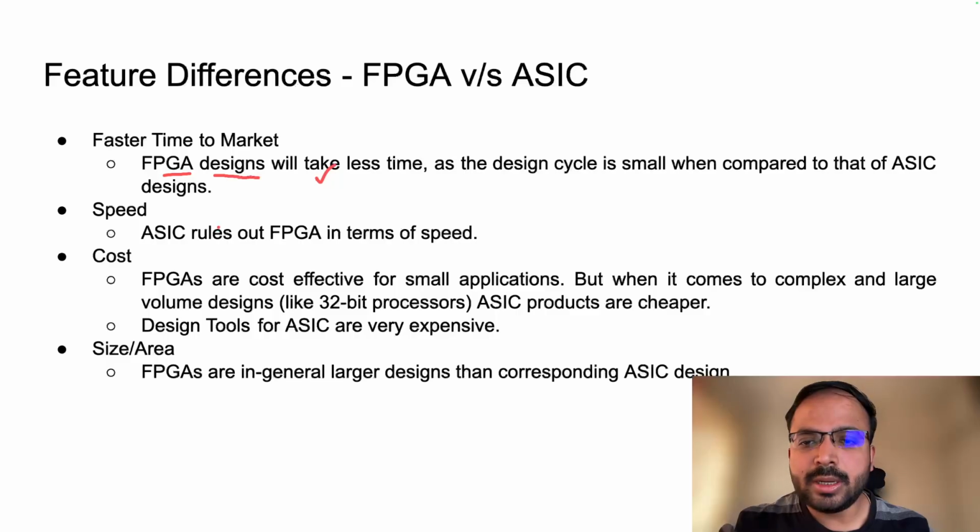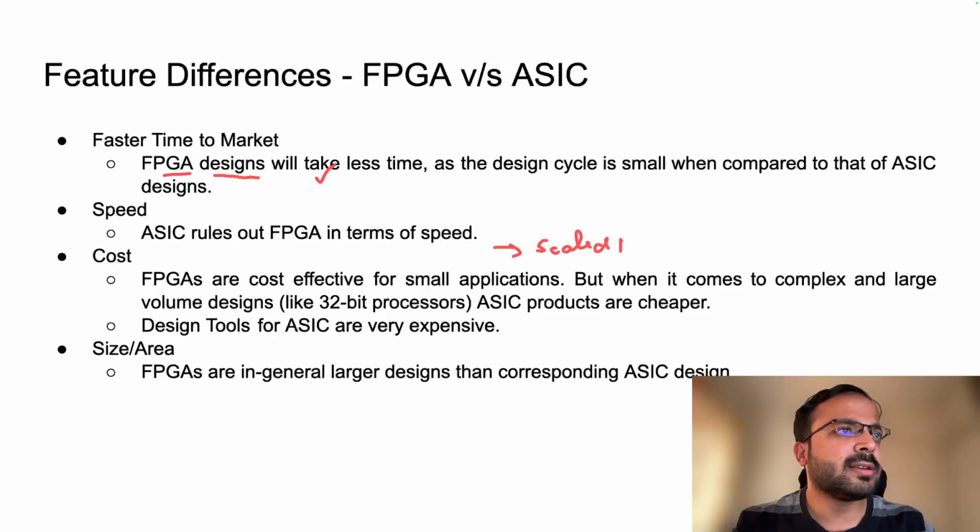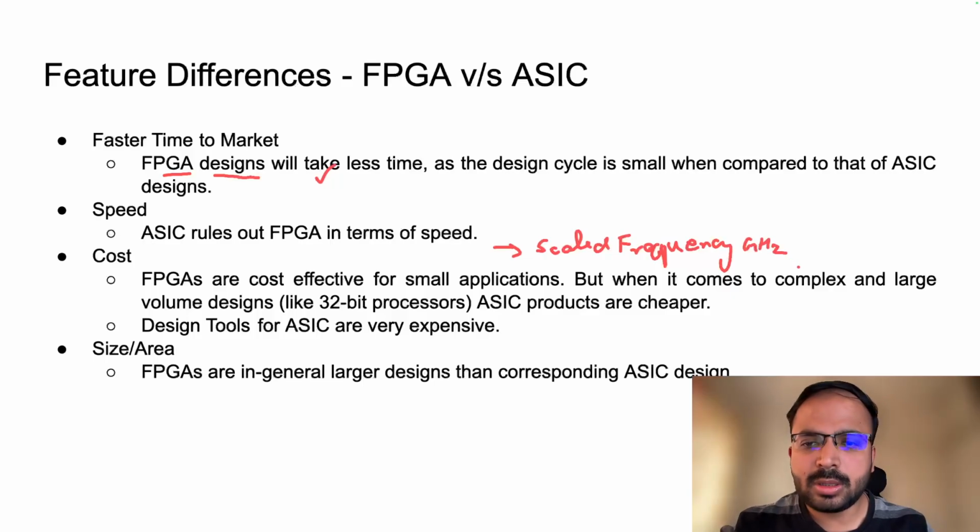Now also on speed or frequency: ASICs, of course, are faster than field programmable gate arrays, right? Because the circuitry in ASICs can be scaled. The frequencies can be scaled to very high gigahertz. Because you have just one function to perform, you can scale the components to higher frequencies before production, and therefore they are faster, right?